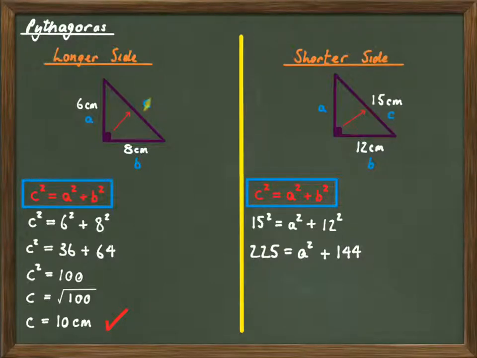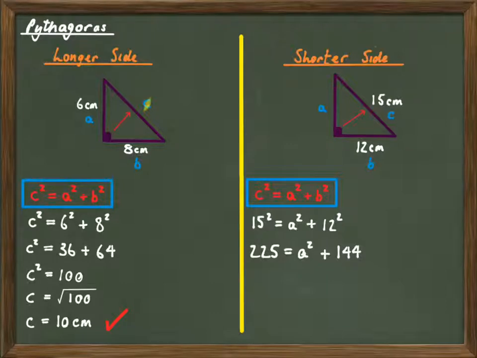Now, unlike the other example, where it was a case of add, and then add a square root at the end, this one we're going to do something slightly different. What this means now is some number, when I square it and I add 144 on, I've got to get to 225.